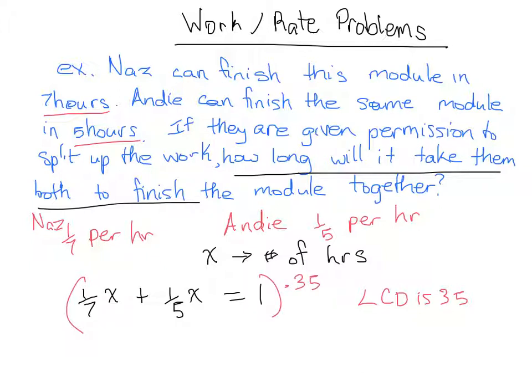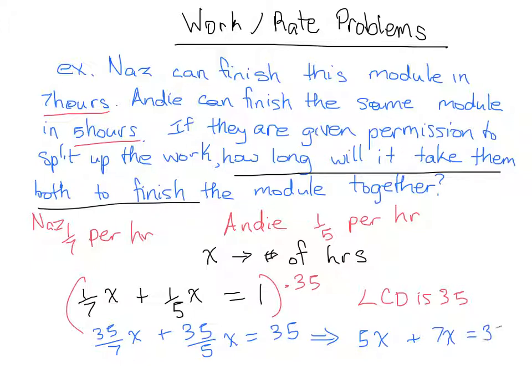So we get 35 over 7x plus 35 over 5x equals 35, which really is 5x plus 7x equals 35. I'm going to go up here to finish the problem.